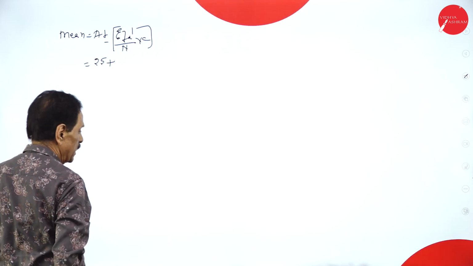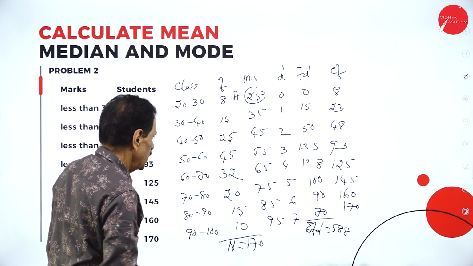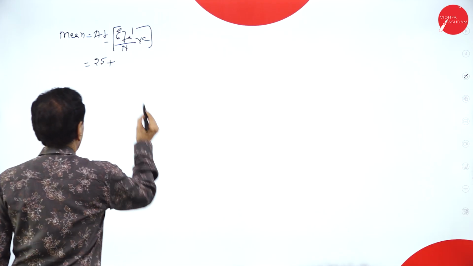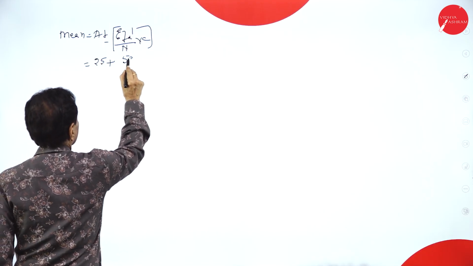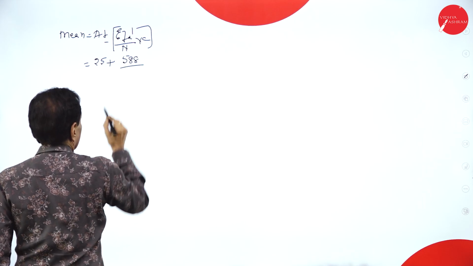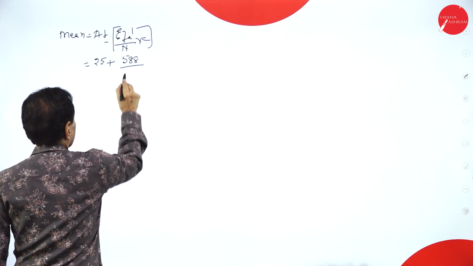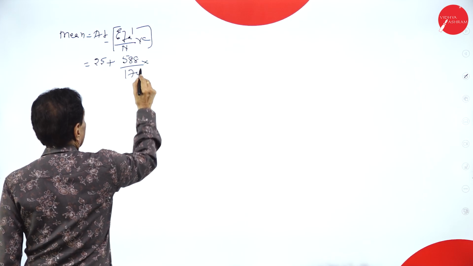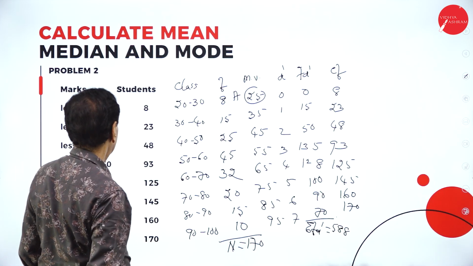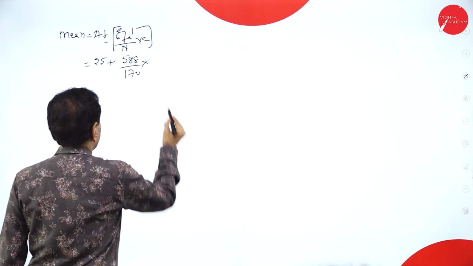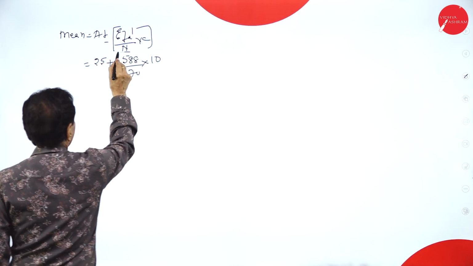What is your sigma ft dash here? Your ft dash is 588. Number of frequency is 170 into your class interval is 10. Simplify.